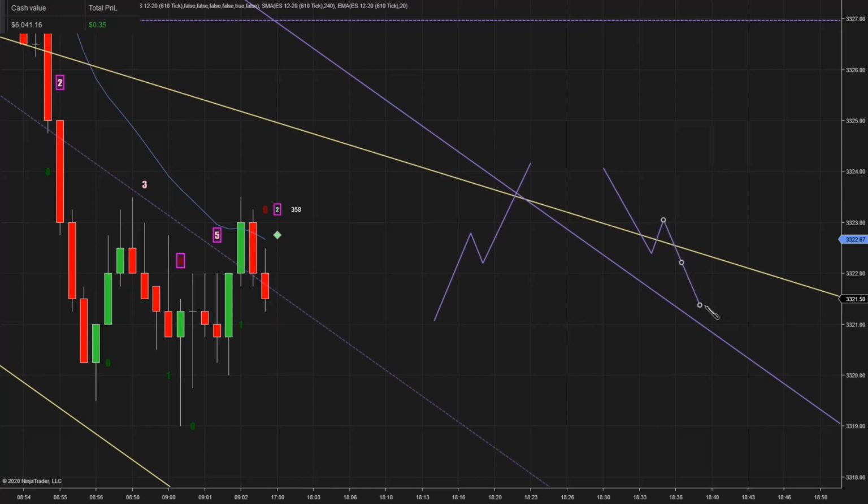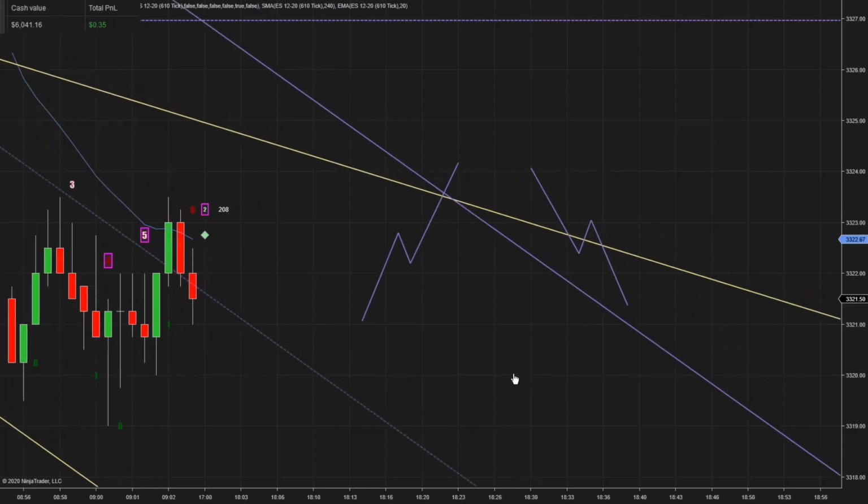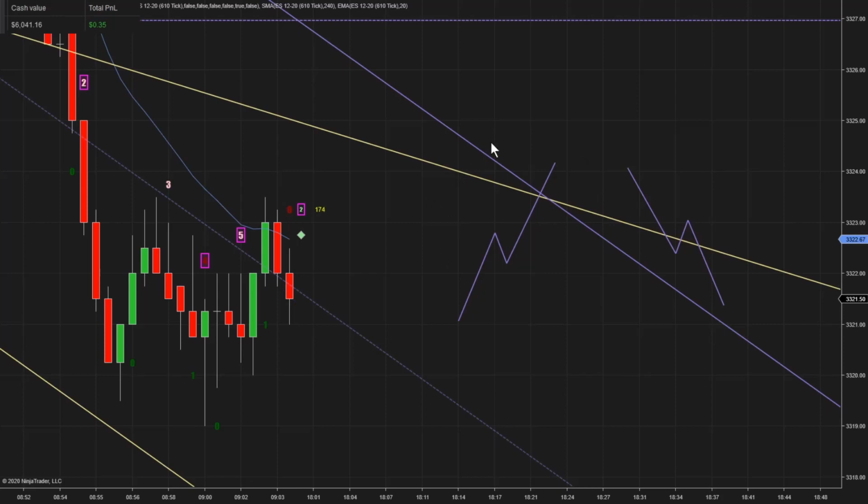First pullback, first entry, second pullback. So we have these zigzag patterns, or what I like to call A, B, C patterns, and I will be looking for this pattern in the chart.